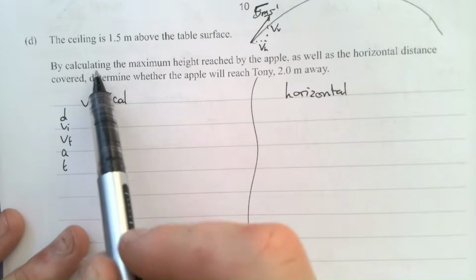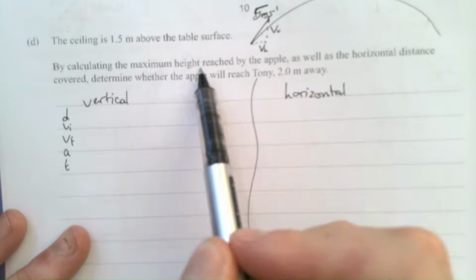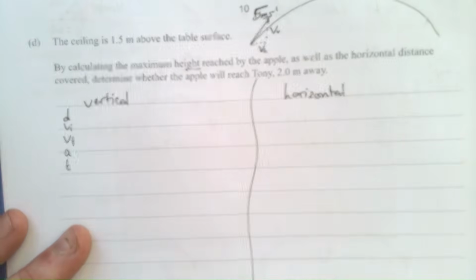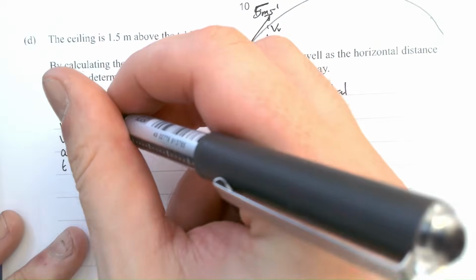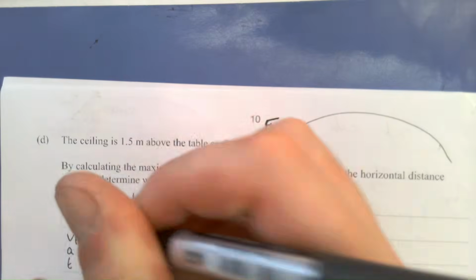The first thing it wants me to do, I know I started talking about time, it wants us to calculate the maximum height reached by the apple. Therefore, I want to work out the vertical distance travelled. My initial velocity vertically was 3.2 from question B, and it's positive because it's moving upwards.